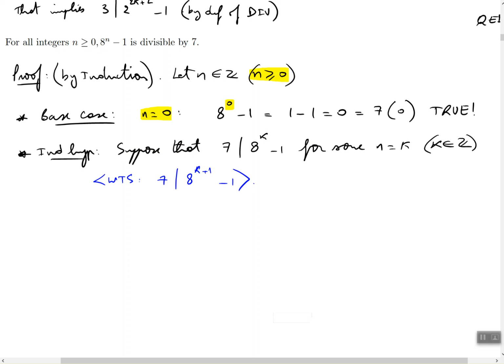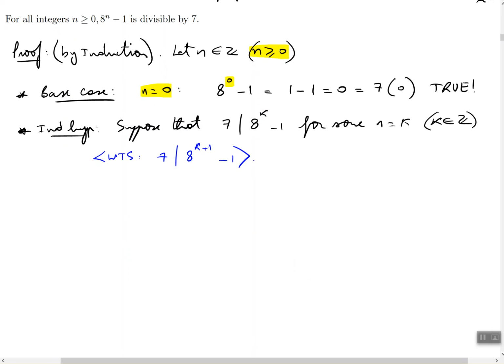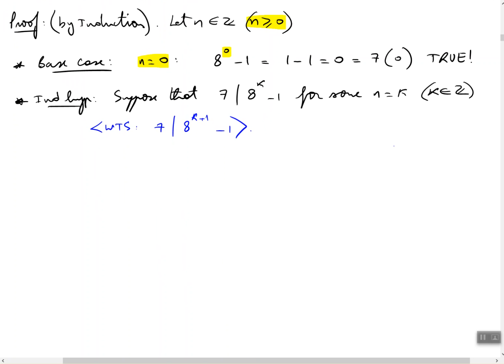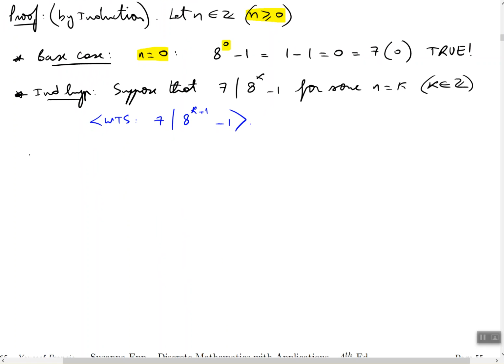Great, so in the inductive hypothesis, we're going to suppose that 7 divides 8 to the k minus 1 for some random k, and we would like to show that 7 divides the next integer. So again, I'm going to start by considering the quantity 8 to the power of k plus 1 minus 1, and I'm going to try to break it down as much as possible.